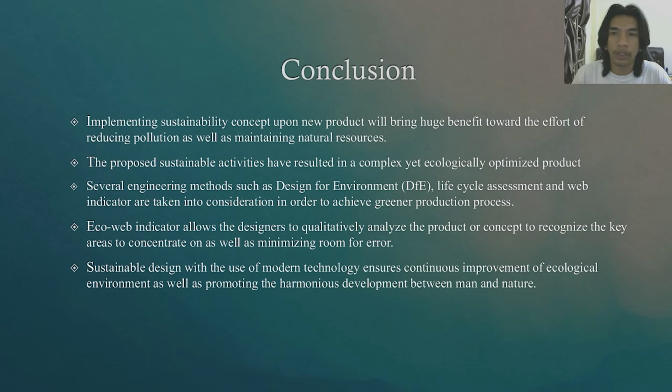The Eco-web indicator allows the designer to qualitatively analyze the product or concept to recognize the key areas to concentrate on as well as minimizing room for error. Sustainable design with the use of modern technology ensures continuous improvement of the ecological environment as well as promoting harmonious development between man and nature.